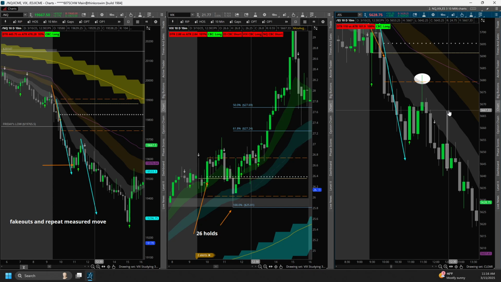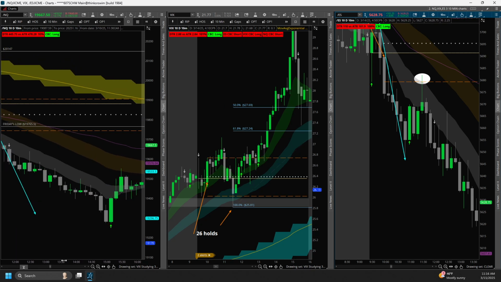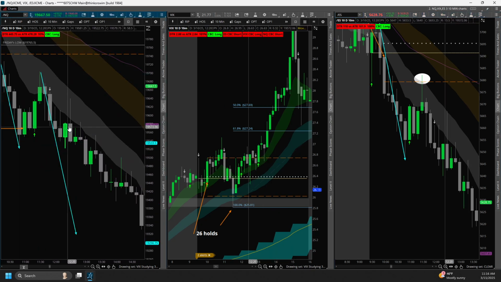I don't have the facts on that, but ES, NQ, and VIX were all making a move around that same time, right? VIX was trying to move down, potentially putting in a lower high, and they moved this wick down. But then in the middle of that candle, it started to turn around and come back up, and I was looking for a short again. It's not going to reverse.